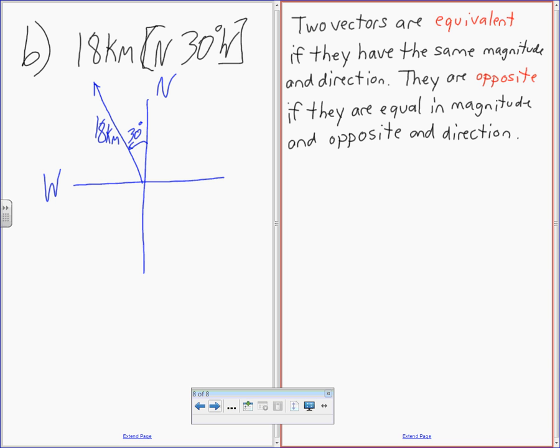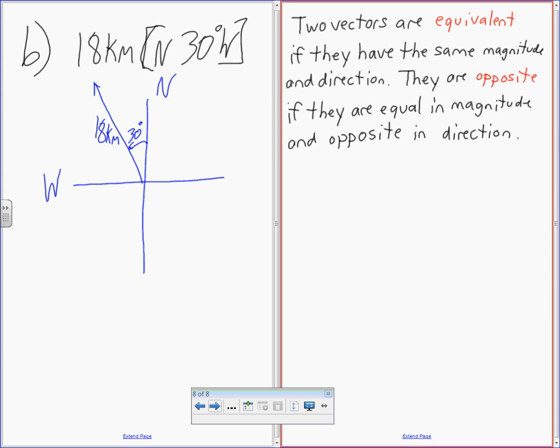And we'll deal a lot with equal and opposite vectors in this course. And we'll get to vector proofs coming up. Equal in magnitude and opposite in direction.